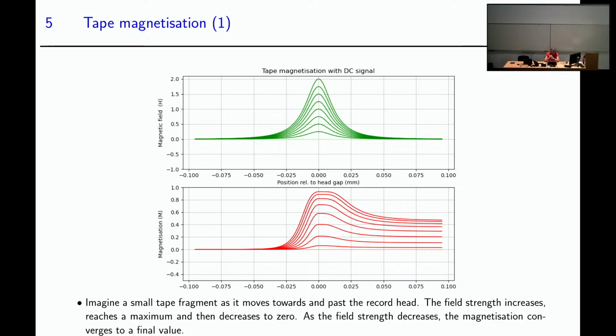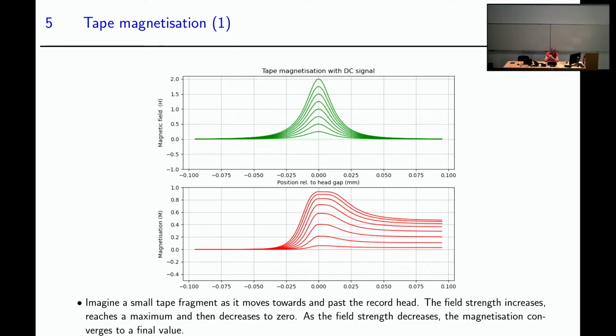So this is an illustration of what happens. Imagine a fragment of the tape, say one sample of tape, passing from left to right by the recording head. That's what you see here on the x-axis. The range is from 1/10 of a millimeter before the recording head to 1/10 of a millimeter after it.